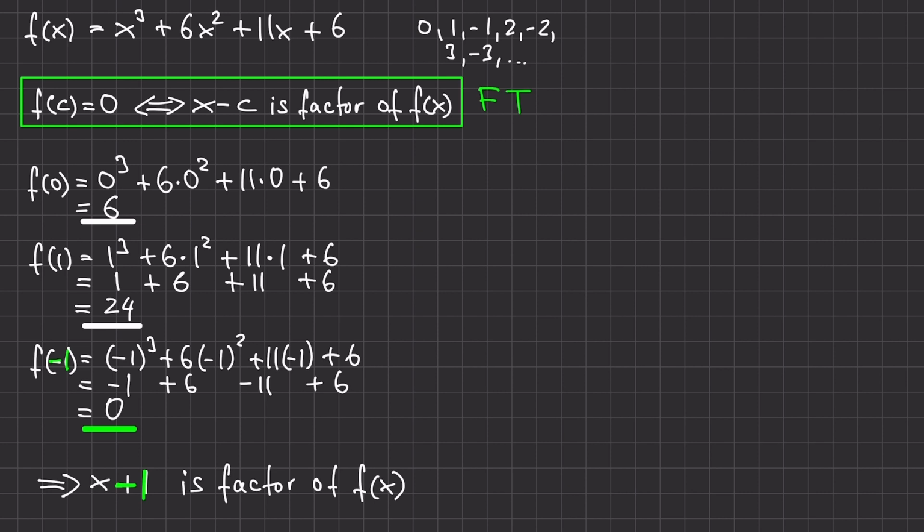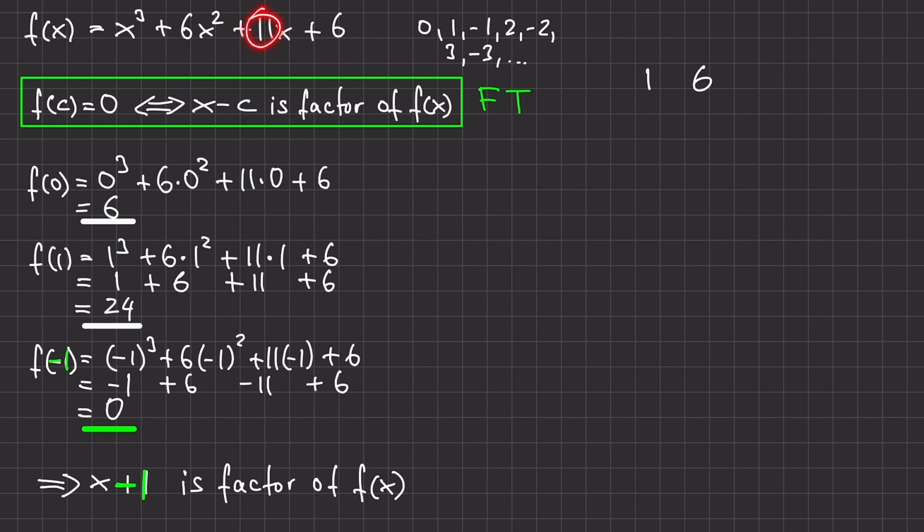So let's reduce the cubic function to a quadratic function by dividing the cubic function by x plus 1 using synthetic division. The coefficient of x cubed is 1, so we start with 1. The coefficient of 6x squared is 6, so the next number is going to be 6.